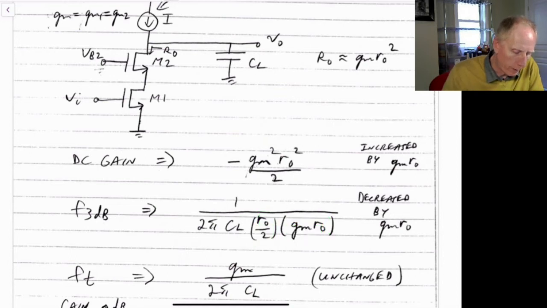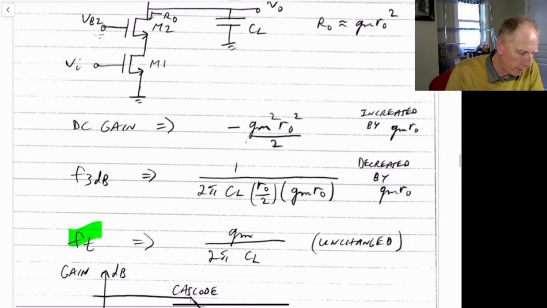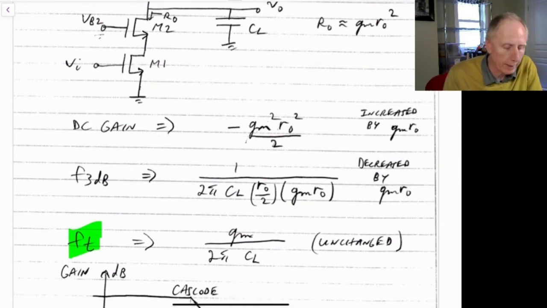Now, if we multiply these two together to get the FT, remember that if we assume the DC gain is much greater than 1, which is the case here, then the DC gain times the 3 dB frequency will approximately equal the FT.